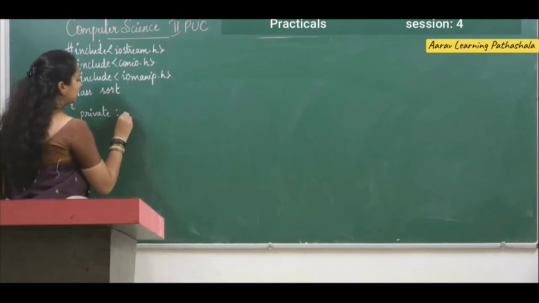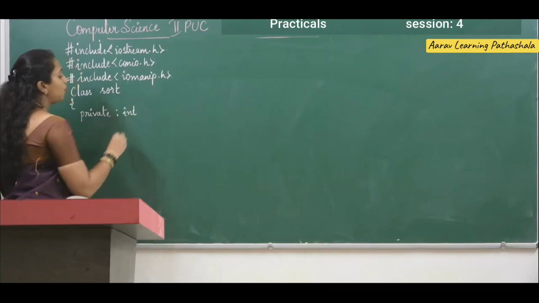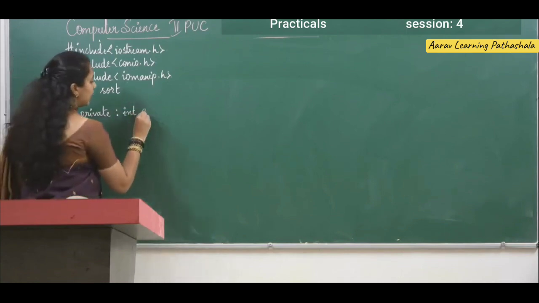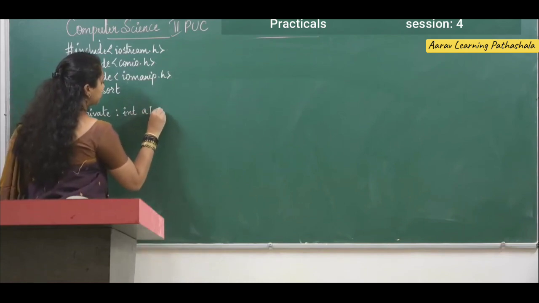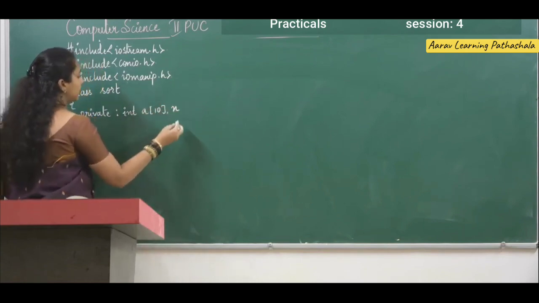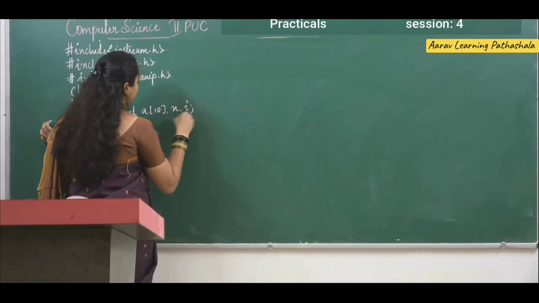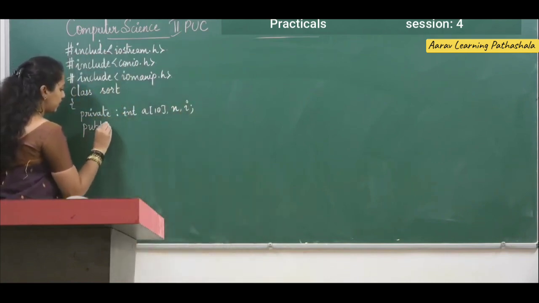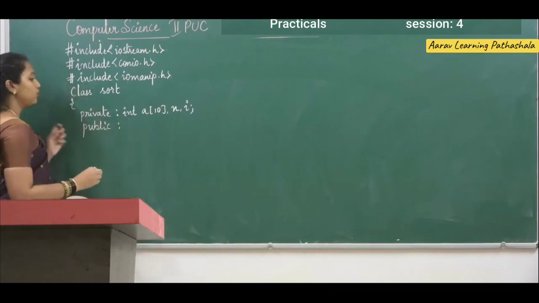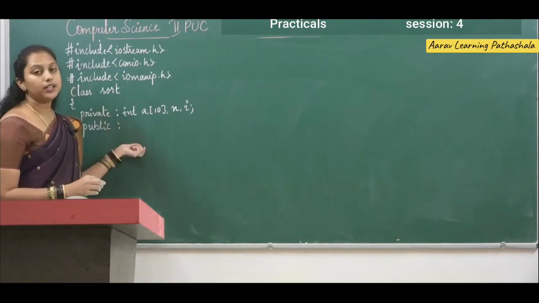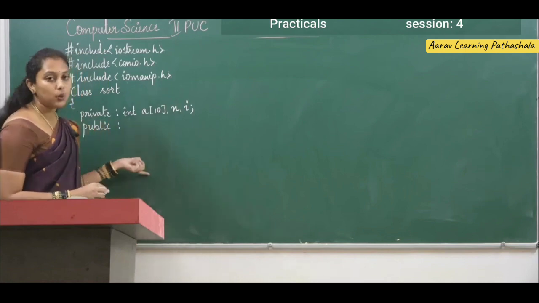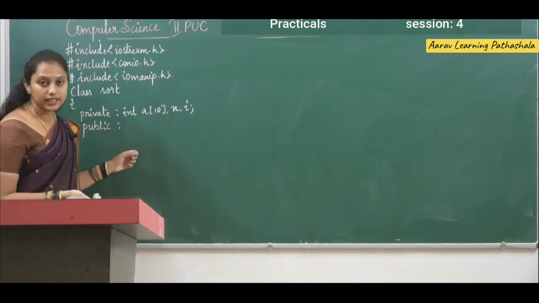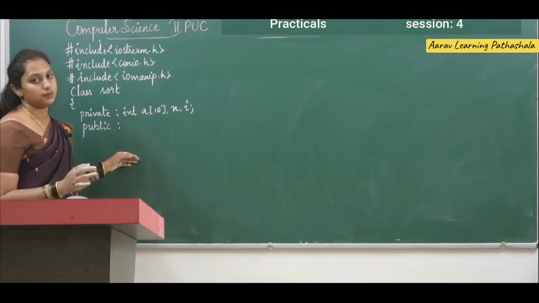I am going to declare the required variables for our program, that is the array name and the size of the array. In the public section, I am going to declare the required functions. So what are the required functions? The required functions are getdata, compute and display.